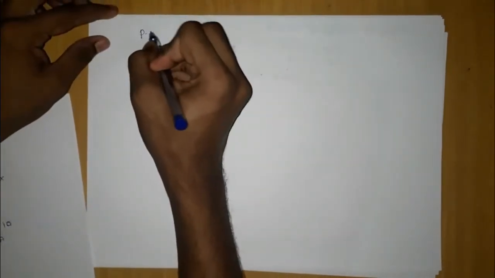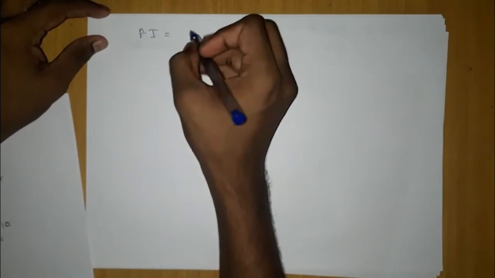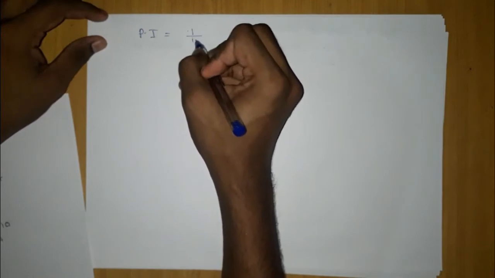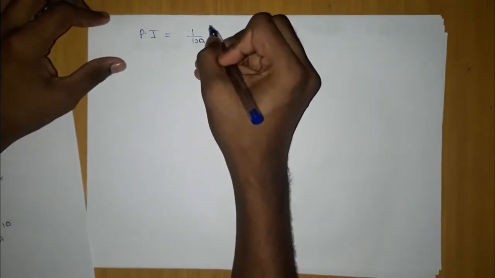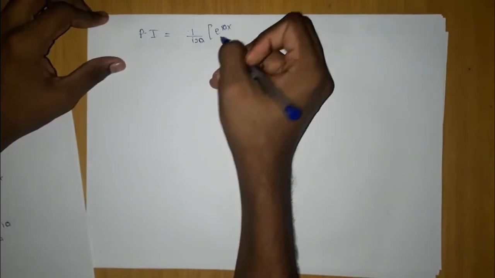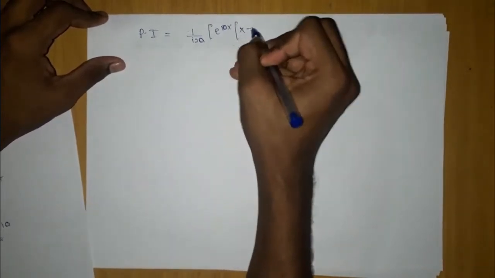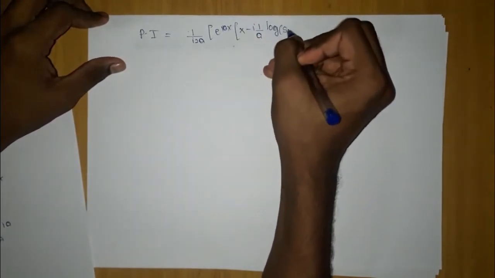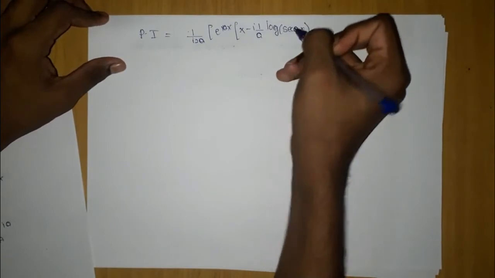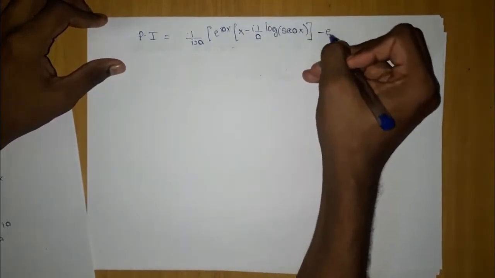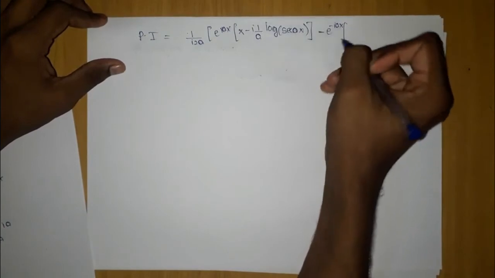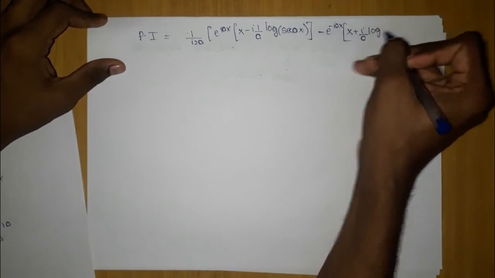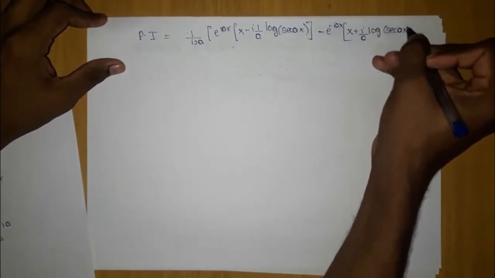The particular integral which we are concerned with is nothing but, if we substitute, 1 by 2ia, right, into e to the power iax into bracket x minus i by a log sec ax, bracket close, minus e to the power minus iax into bracket x plus i by a log sec ax.